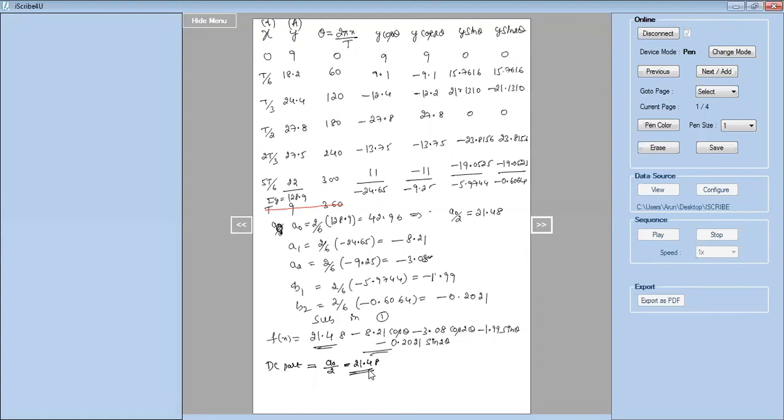Now amplitudes. Amplitudes are nothing but root of A1 square plus B1 square. This is the amplitude of the first harmonic, and root of A2 square plus B2 square represents the amplitude of the second harmonic.